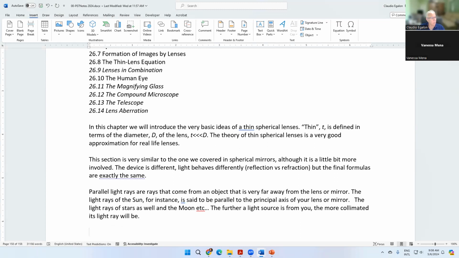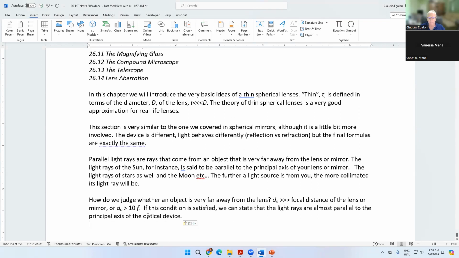That's what you have to know. And how do you judge whether an object is very far away or not? We judge that in terms of the focal distance. The distance of the object must be much greater than the focal distance of the lens or mirror.